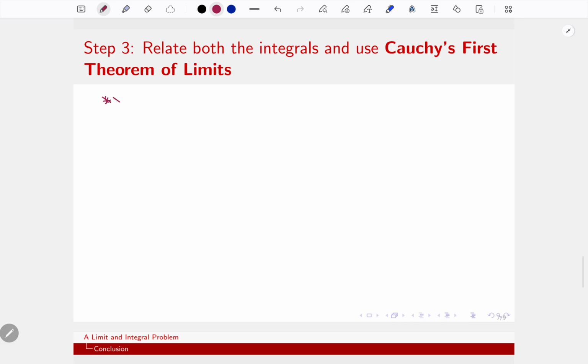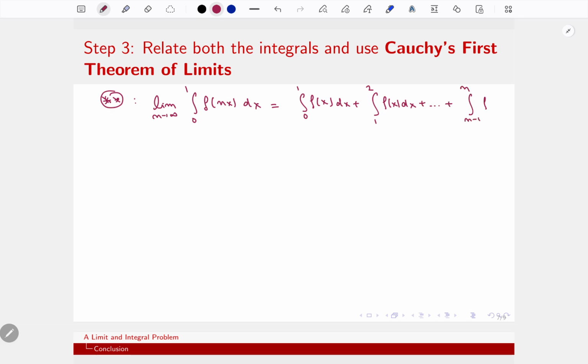So what do I have in double star? We have the limit as n tends to infinity of the integral from 0 to 1 of f of nx dx equal to the integral from 0 to 1 of f of x dx plus the integral from 1 to 2 of f of x dx, and this continues till the integral from n minus 1 to n of f of x dx, and all of this is divided by n.